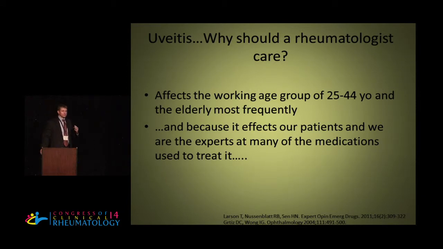Uveitis affects a relatively young population, 25 to 44-year-olds, and the elderly in general. And so it's important to realize that this is a serious disease, and it's something that we actually can do something about to help these patients.